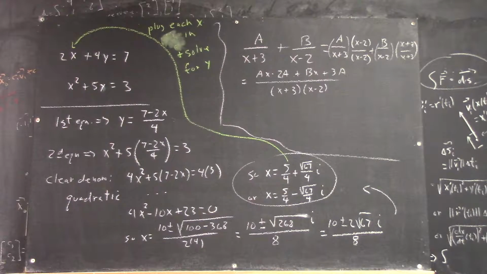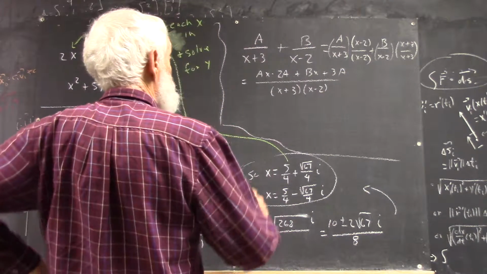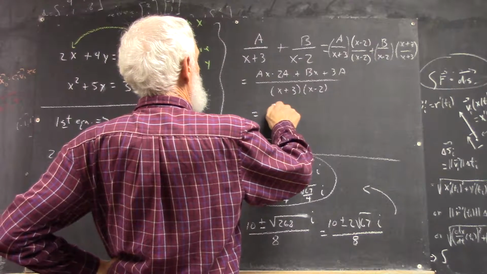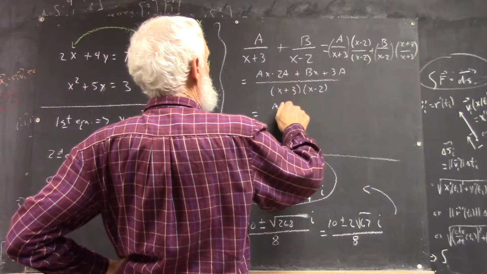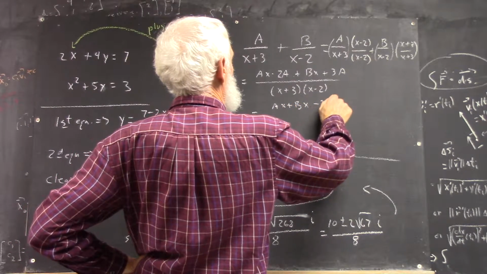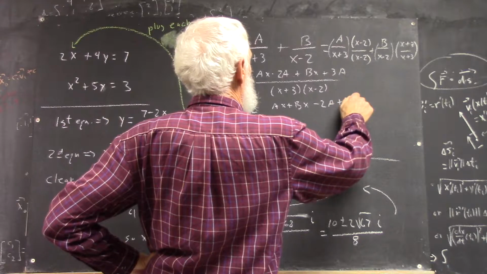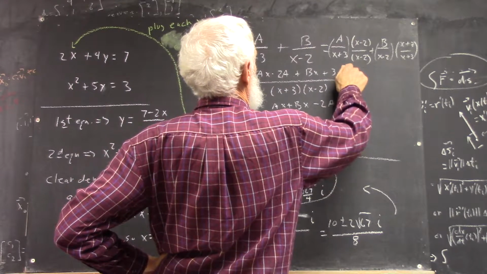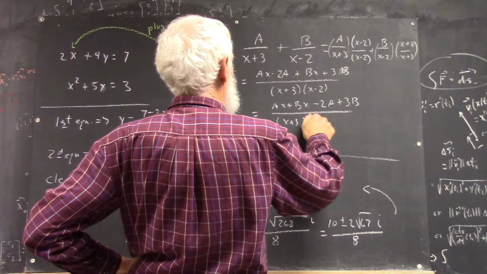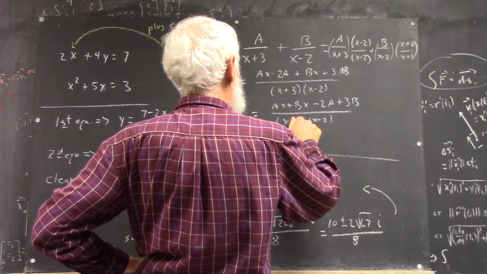Show me the steps for your own sake. Okay, so that becomes ax plus bx, put like terms together, minus 2a plus 3b, this should be a b here, over x plus 3 times x minus 2.